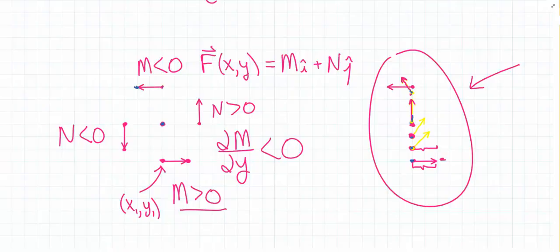Now remember, we're saying what does n do as x changes? In other words, we've got the partial of n with respect to x, and that's definitely greater than 0. So it's increasing.